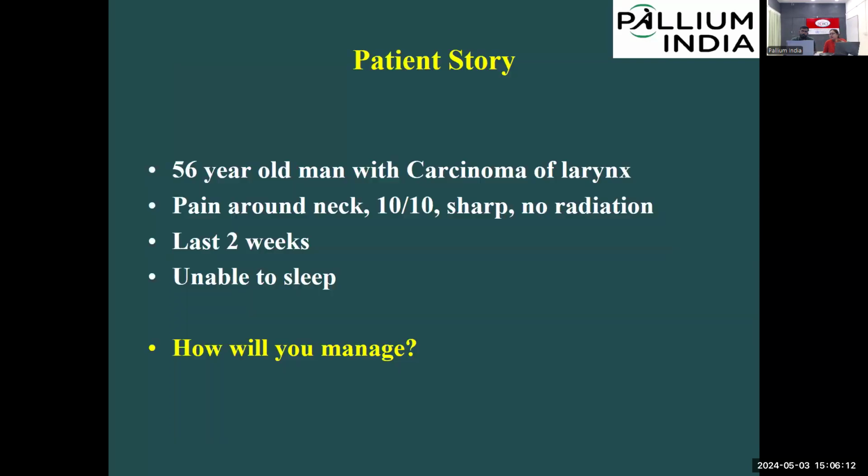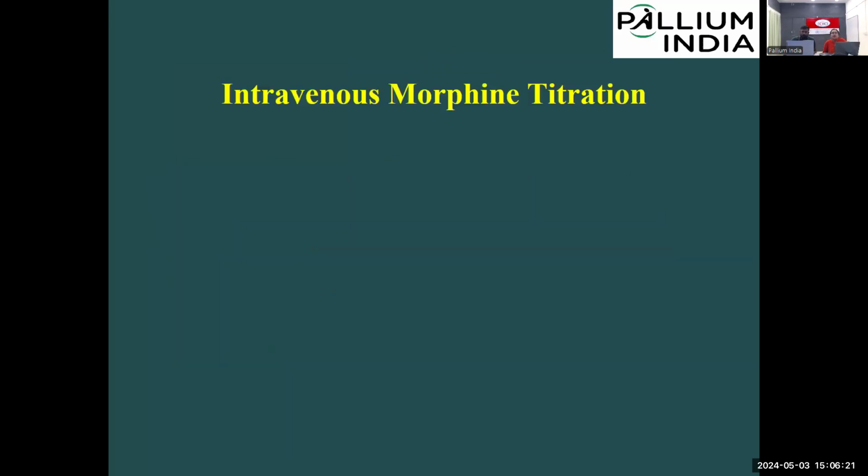Since the pain is 10 on 10, we need immediate relief. So how do we go about that? The next step would be intravenous morphine titration. Anybody has any idea what is intravenous morphine titration?